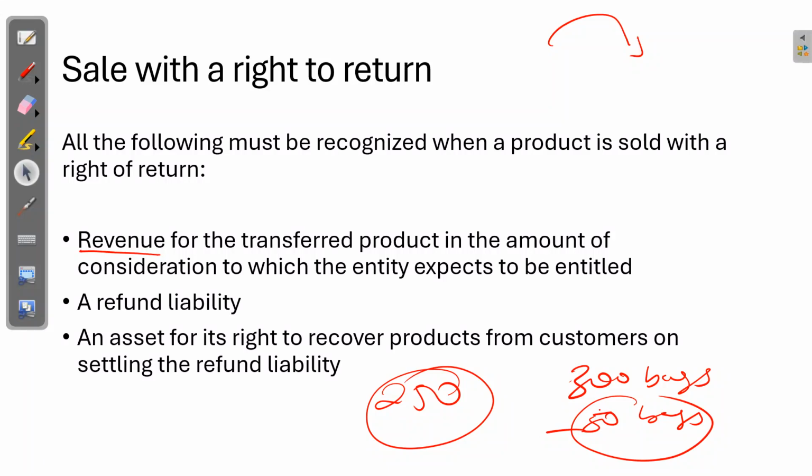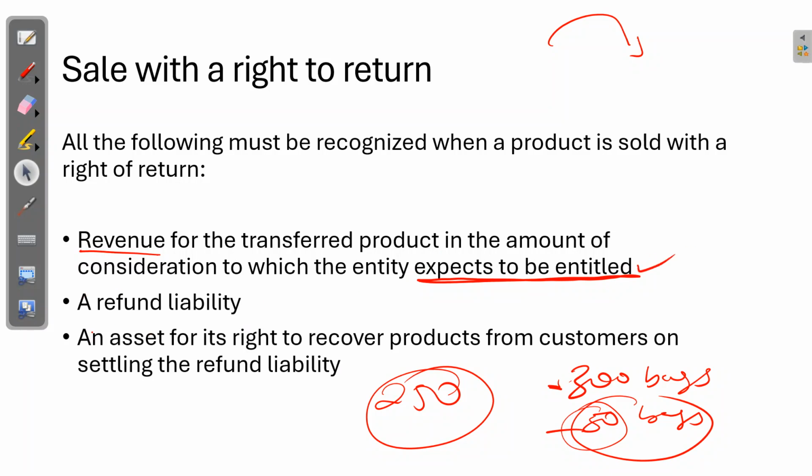But with this one we are not sure. So even though we have delivered 300, we know that 50 may be returned back. So we recognize revenue for the portion that we expect to be entitled to, that we think we'll earn. That's the key word here.